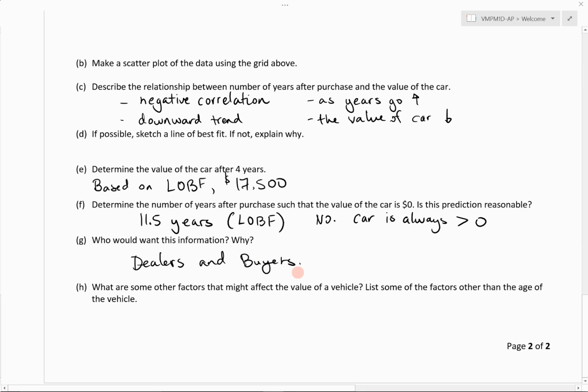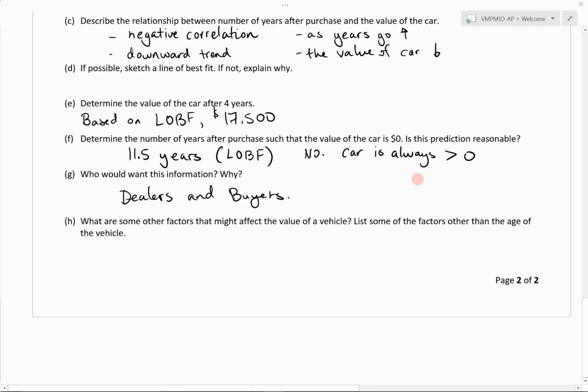Okay. And what are some other factors that might affect the value of the vehicle? So list some factors. None of you are driving cars yet in grade 9, but if your parents do drive cars, they've seen what they experience. So mileage, how many kilometers you drive your car, that affects its life. Any damage to the car, have you been in an accident before? That would also affect the value of the car.